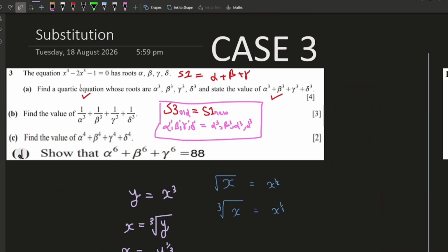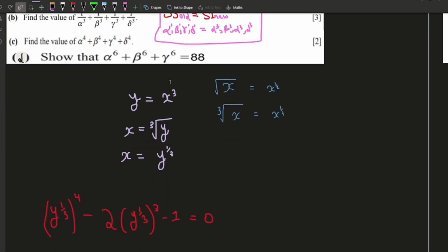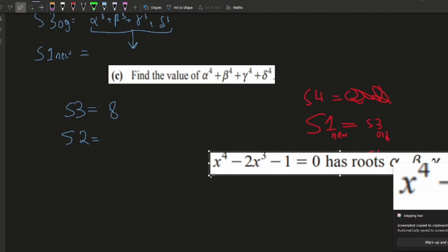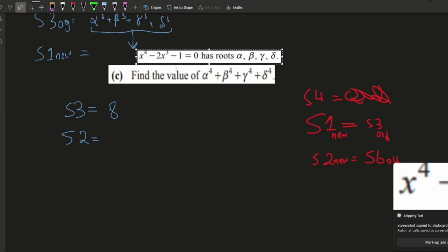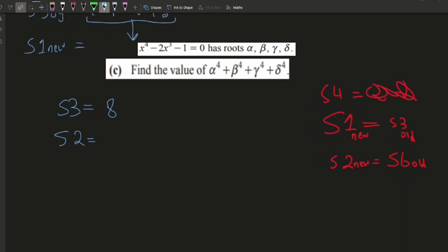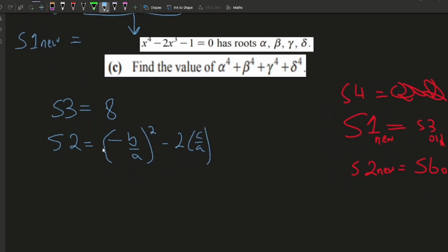Let me actually copy and paste this below as well. So how did we calculate the value of S2? We had this formula: minus B over A, squared, minus 2C over A. The value of A is 1, so this would be 4.